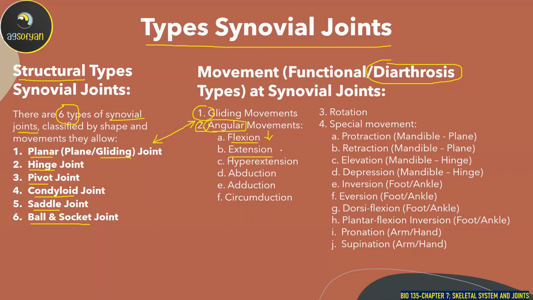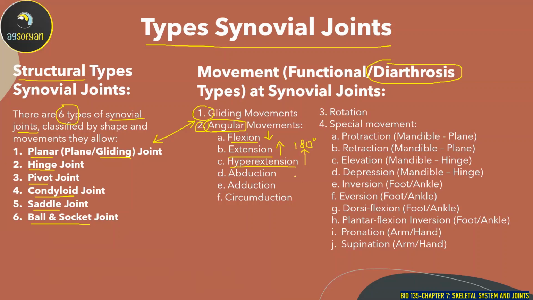Extension, this is the one that increases the angle. Okay, if you extend your elbow, for example, the angle will be increasing. And if we perform the extension that is over or higher than 180-degree angle, it is called the hyperextension.